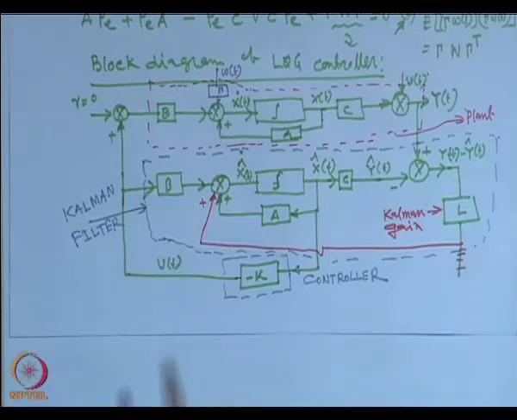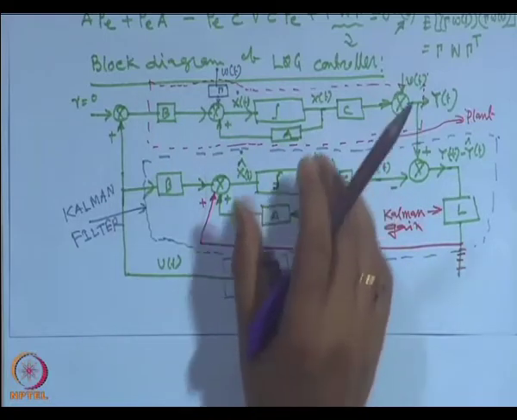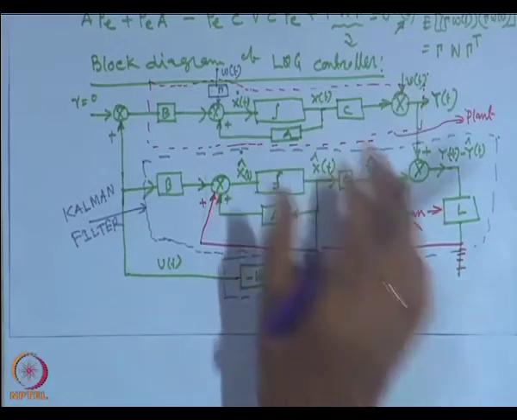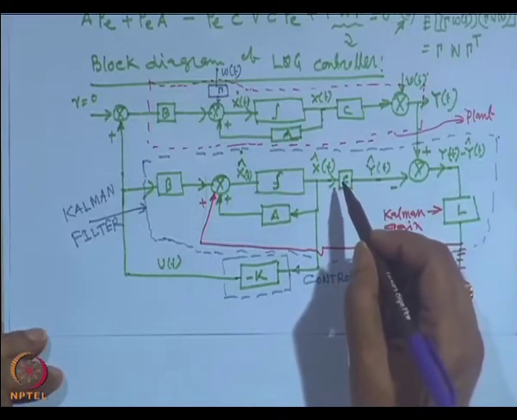This block diagram indicates the controller along with the Kalman filter, where the states are not available.